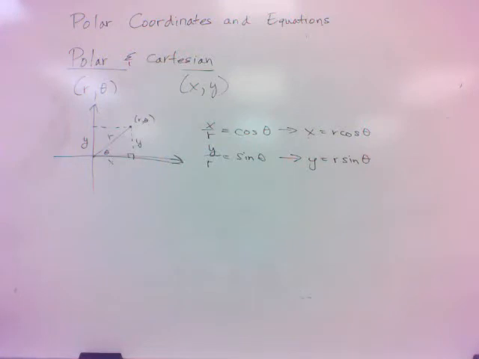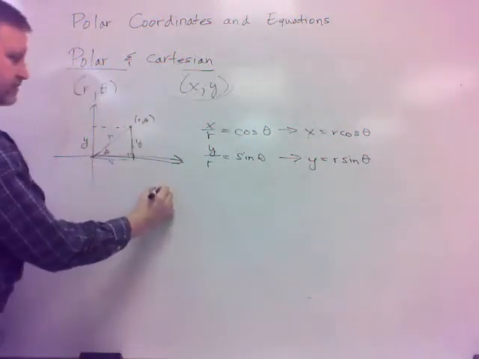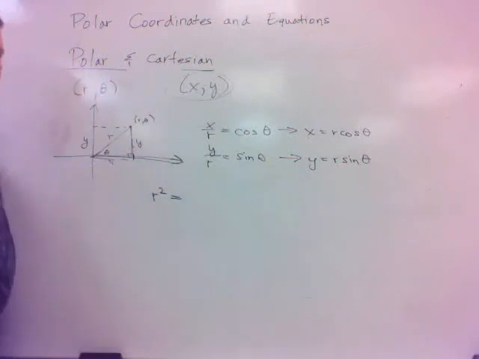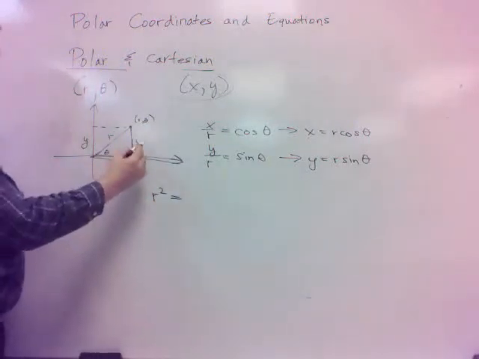Okay. Now, if we go the other way, what if we know the x and the y? What about polar? Well, by Pythagorean theorem, what does r squared equal? By Pythagorean theorem, it's x squared plus y squared, isn't it?